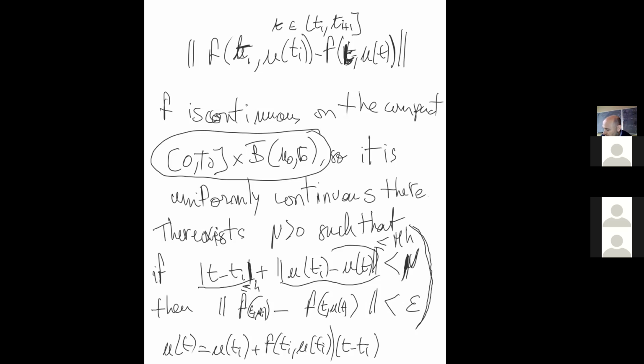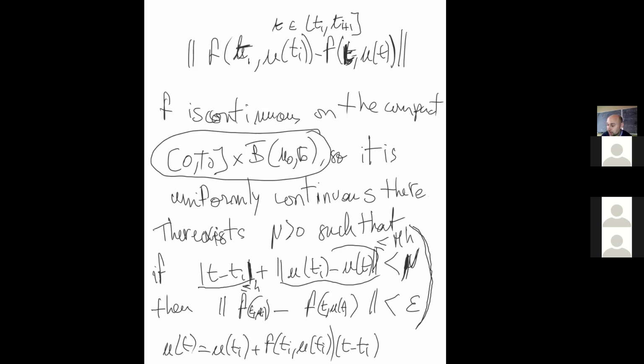Because we want to prove that U prime minus F of t U of t is less than epsilon. Is that right? U prime of t minus f of t u of t.